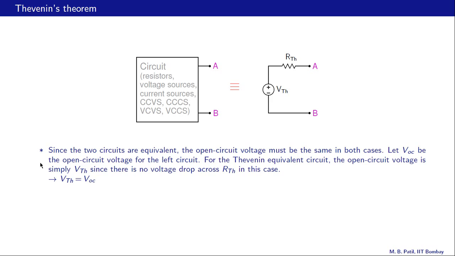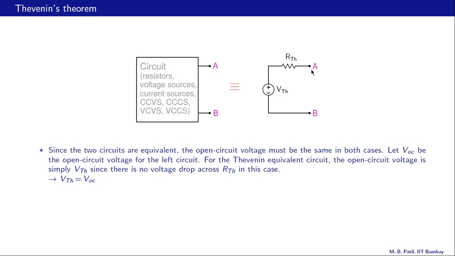First, let us look at how to get VTH from the original circuit. Since the two circuits are equivalent, the open circuit voltage must be the same in both cases. Now let VOC be the open circuit voltage for the left circuit here. That means we don't connect anything between A and B and measure this voltage VOC between A and B. For the Thevenin equivalent circuit, what is the open circuit voltage?